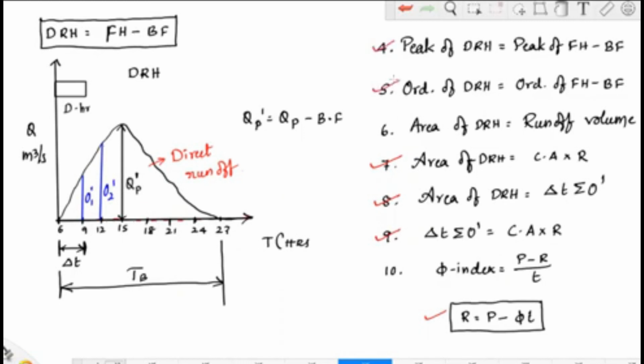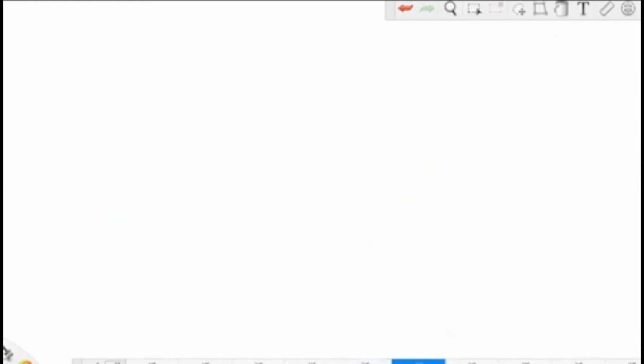These are important. So this is about your DRH, direct runoff hydrograph. Now next thing, unit hydrograph.